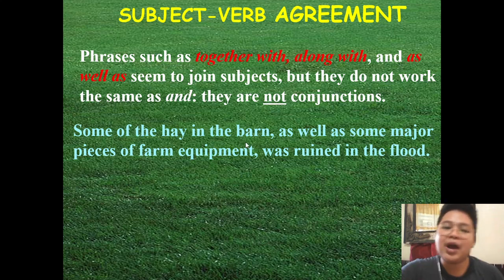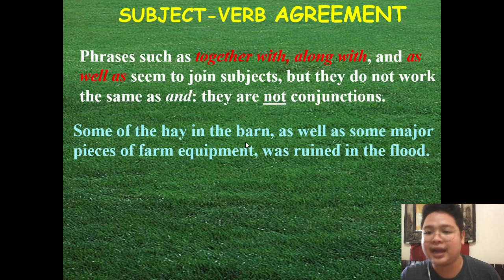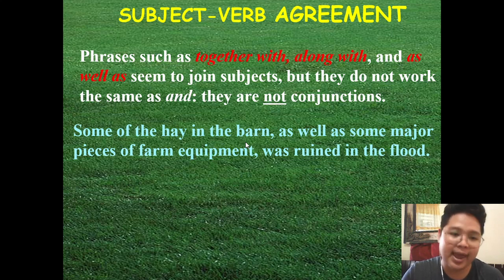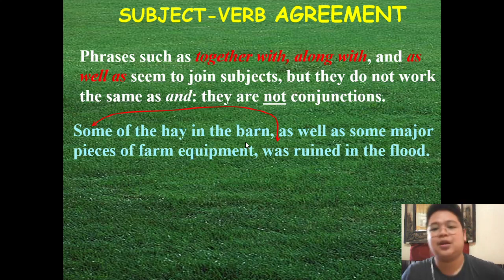Do not include as well as some major pieces of farm equipment in the counting, because the subject here is only some of the hay in the barn. That is why we use the verb was in order for the subject, some of the hay in the barn, to agree with the verb.